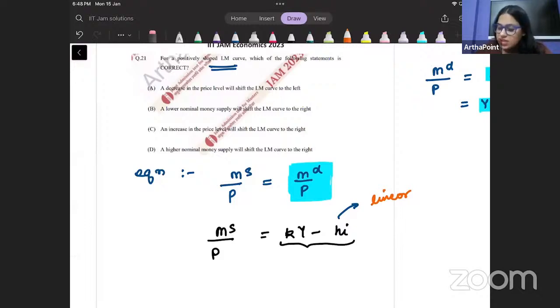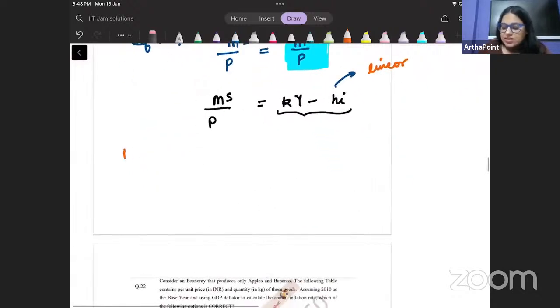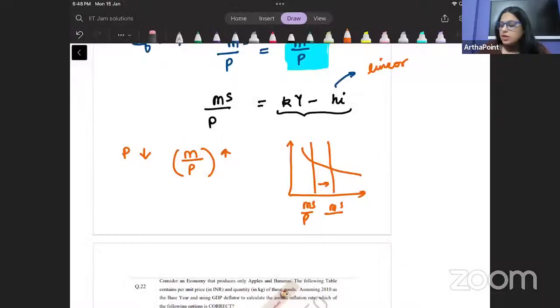Now, it is saying what happens when there is a decrease in the price level. If the price level decreases, then M by P is going to increase. When the supply of money curve shifts rightwards, it means that the interest rate is going to decrease in the economy.